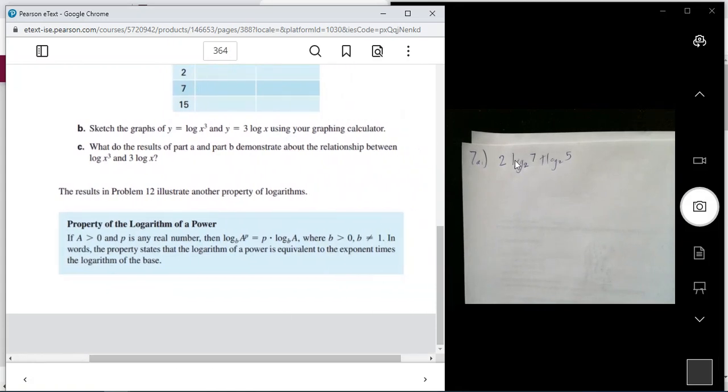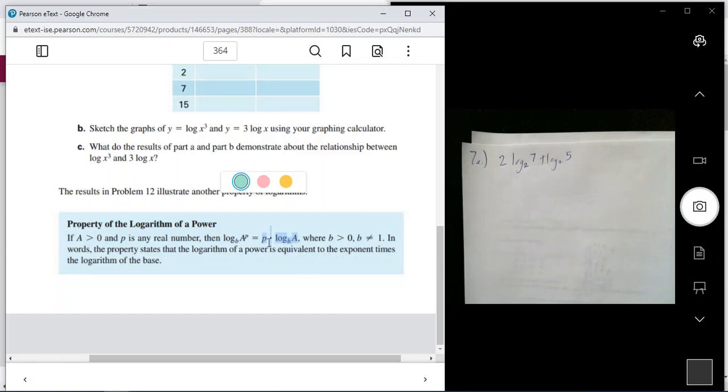I'm just talking about the first part, not the second part. This looks very similar to this here. You have 2 would be your p, 2 is your base, and then a is your 7.